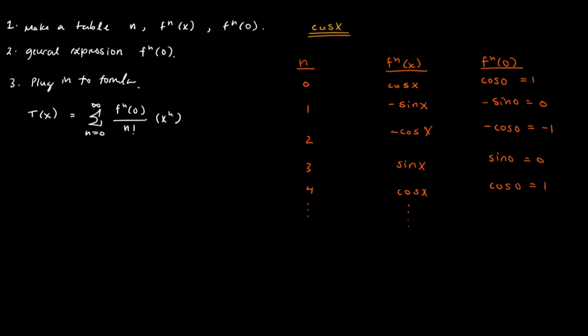So what we see happening here is a pattern forming that we can recognize to make our general expression. All of our even terms, n equals 0, n equals 2, n equals 4, are alternating between plus and minus 1. And all of our odd terms, at n equals 1 and n equals 3, are just equal to 0.